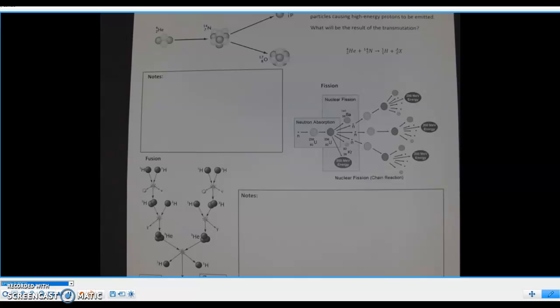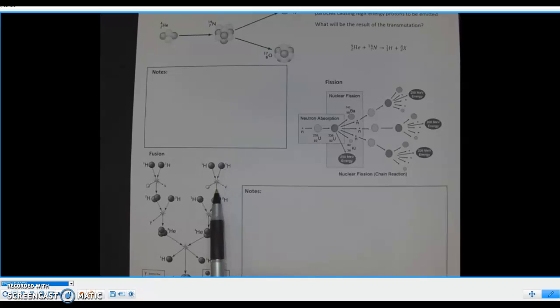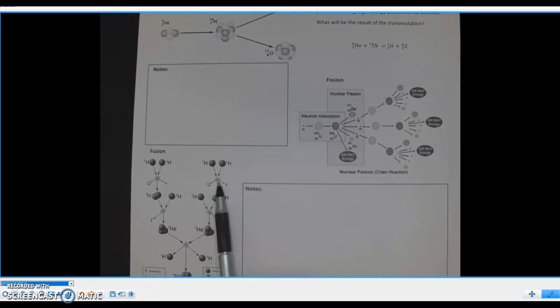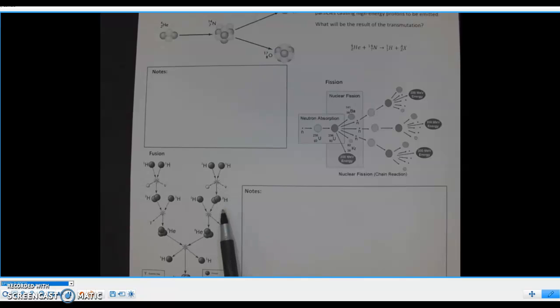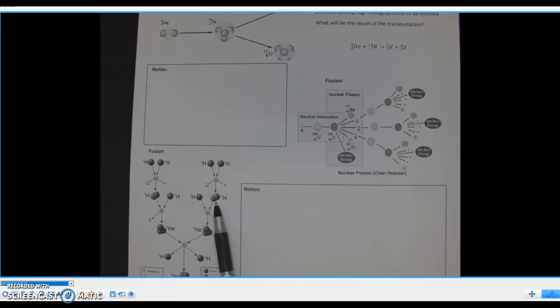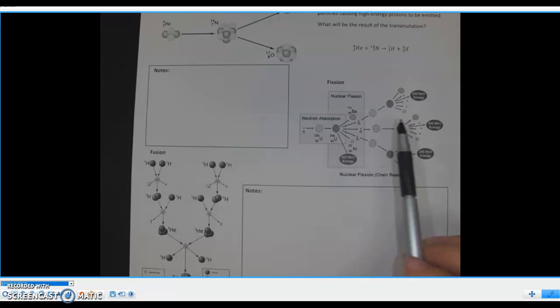And just a reminder that fusion occurs in a star, okay? We're taking these light elements and combining them, and each time that we do, we are releasing energy. And when we release the energy, we're left with something that has a greater mass, a greater density. And then we can combine that with lighter ones, and then we're releasing energy. So that's in stars.